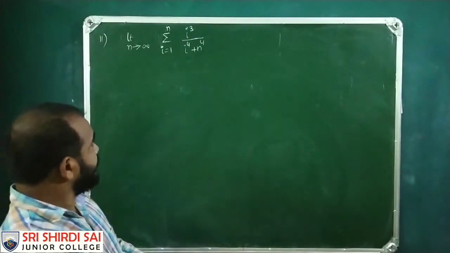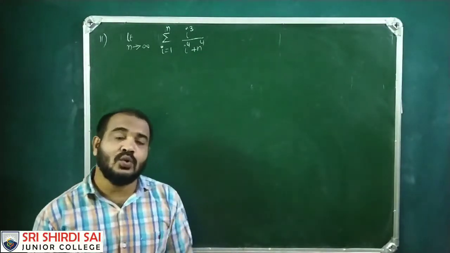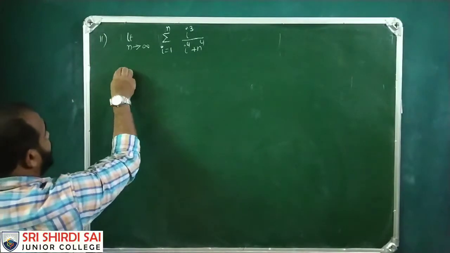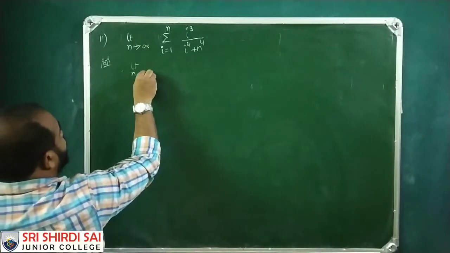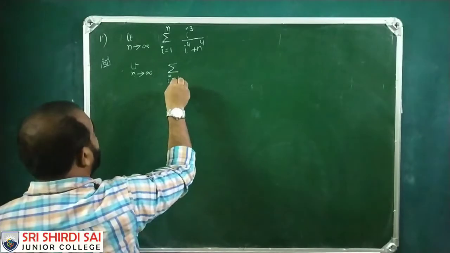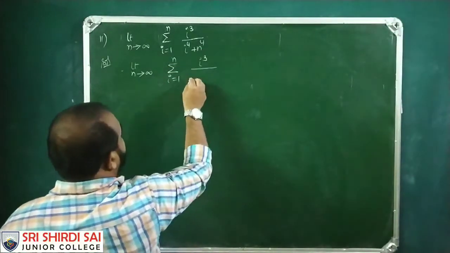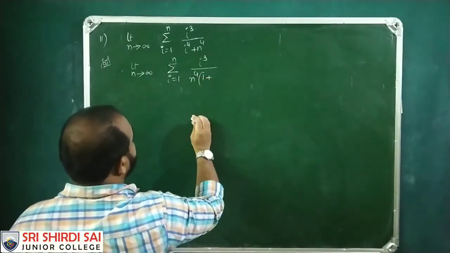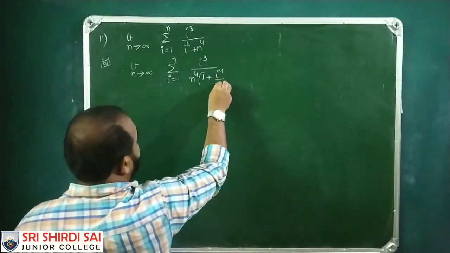It has been giving the series. So with the help of that series we need to find out the general term. Here it is directly given. So this is equal to the limit n tends to infinity, sigma i runs from 1 to n, i cube by, if I take n power 4 as common, then this is 1 plus i power 4 by n power 4.